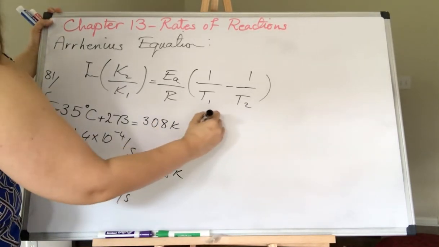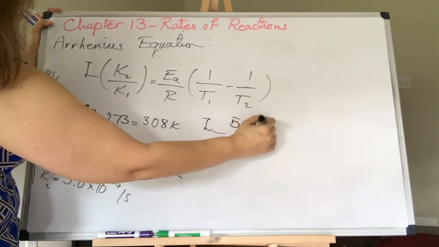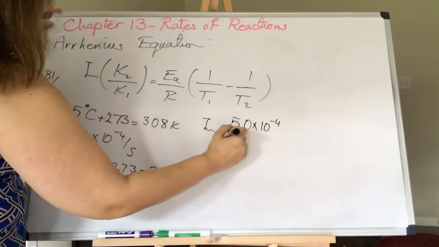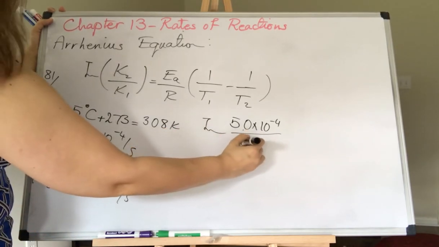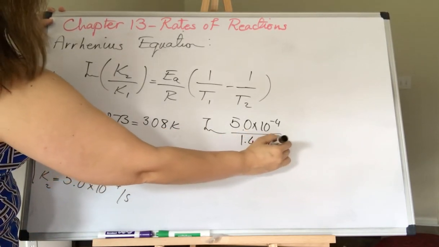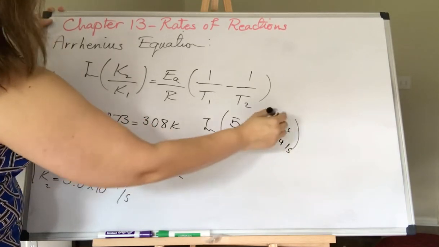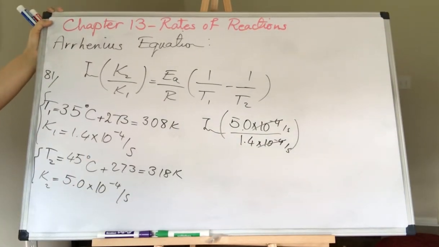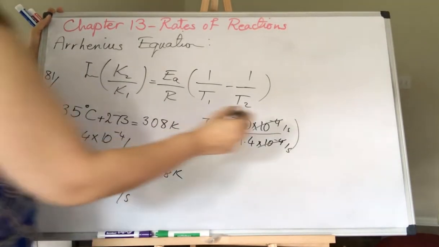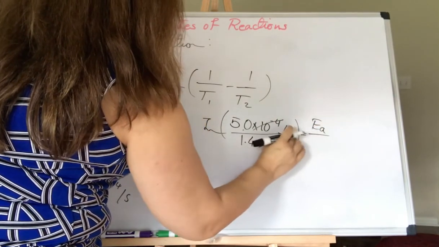We have Ln of K2, 5 times 10 to negative 4, divided by 1.4 times 10 to the negative 4, both of them per second. So let's get rid of 10 to negative 4, since they're the same. EA is unknown, you're solving for it.